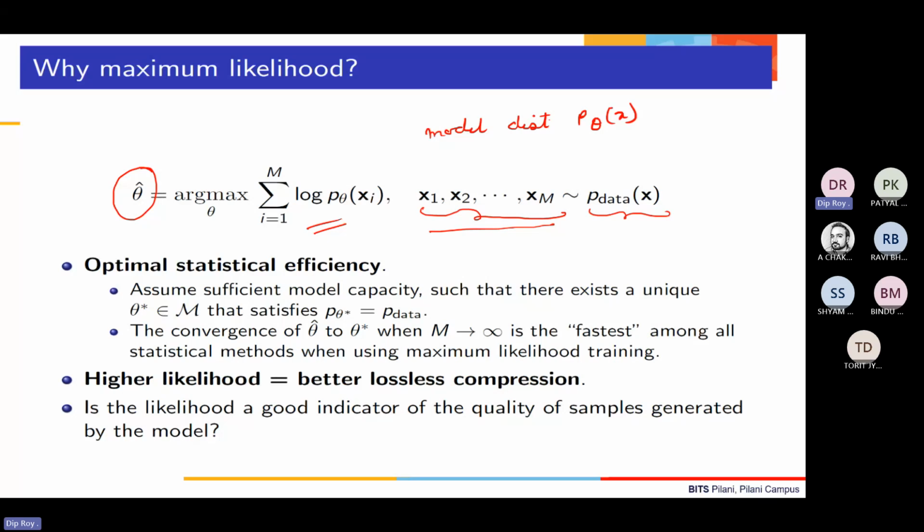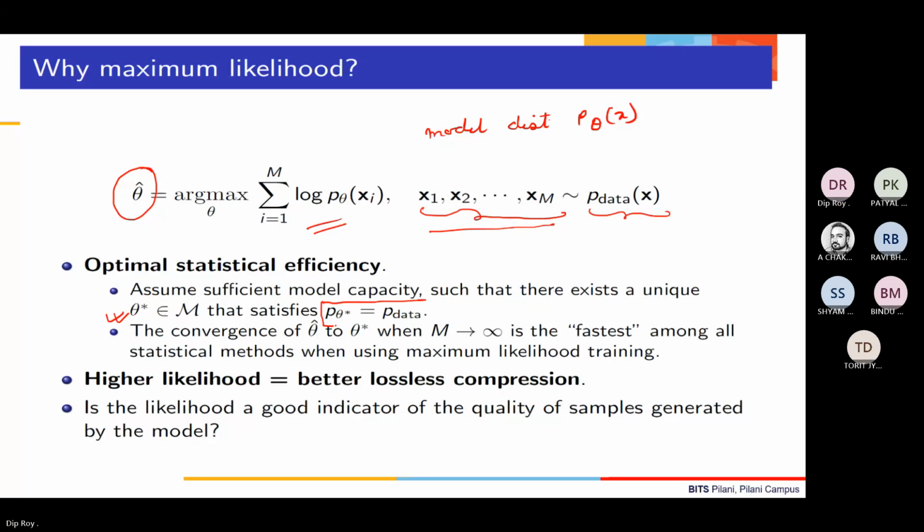The reason is that if you had a model which was rich enough, a very powerful model, to represent the true data distribution, then there would exist a unique theta star that satisfies this.